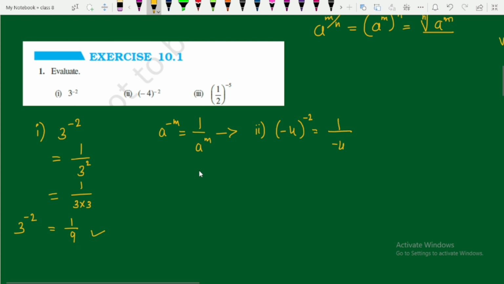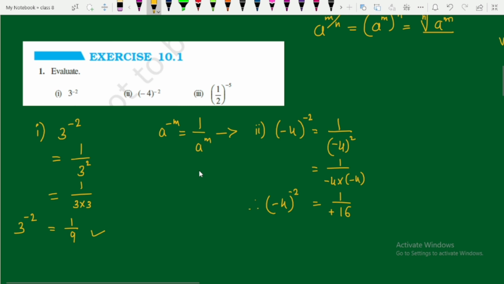So minus 4 raised to 2, so this will give you 1 upon, here the power is 2, so minus 4 how many times are you going to write? 2 times. Minus 4 into minus 4, so this will give you 1 upon minus into minus plus, that is 4 4 the 16, 1 upon 16. This is the answer of minus 4 raised to minus 2.